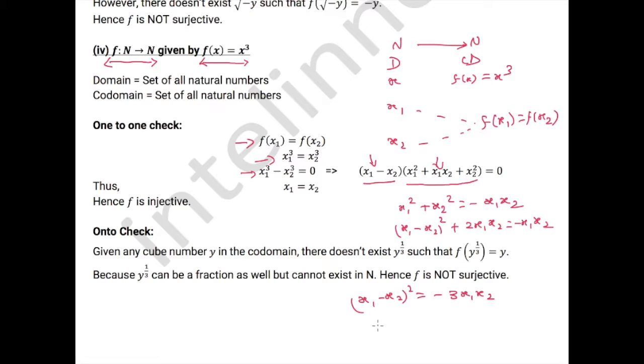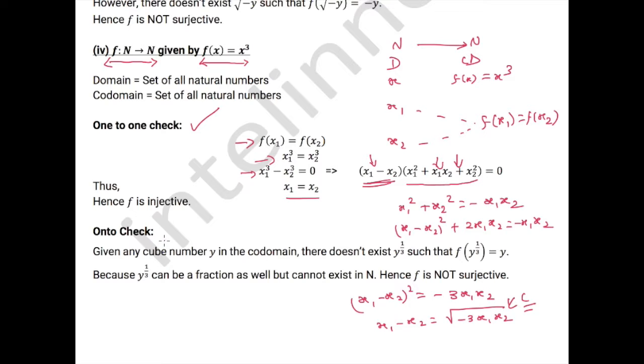Taking square roots on both sides, we will get x1 minus x2 equal to square root of minus 3x1 x2. And this is a complex number which does not belong to N. And hence this term cannot be equated to 0. So we are equating this term x1 minus x2 equal to 0. So we find that x1 is equal to x2 and hence it is one-to-one.